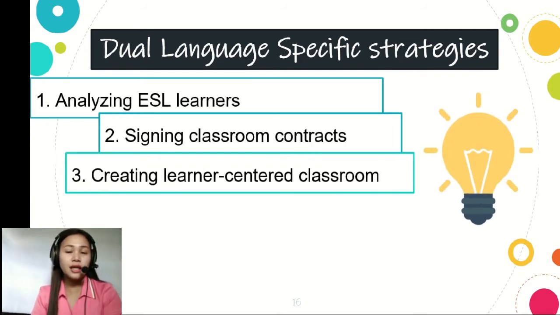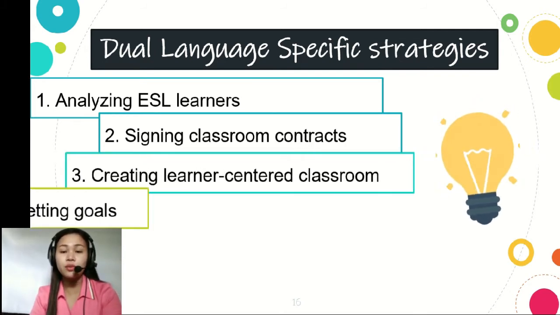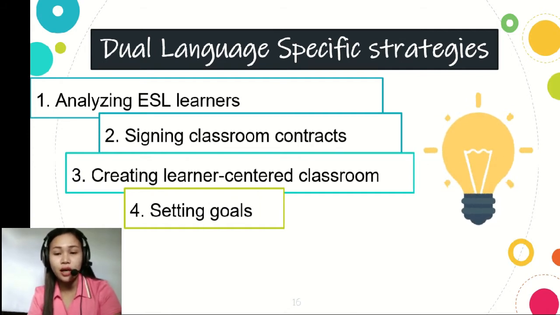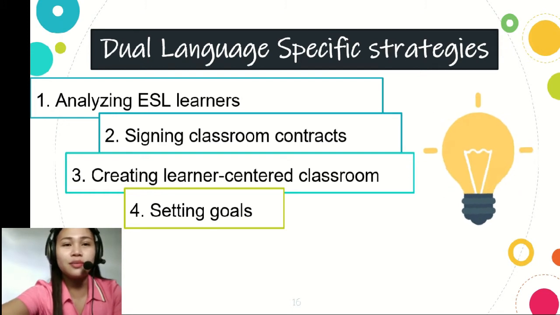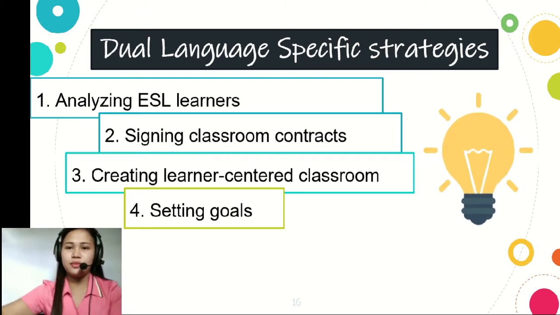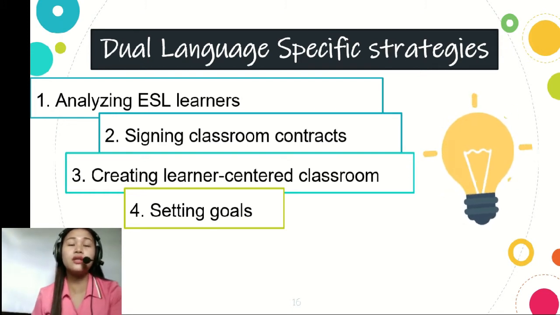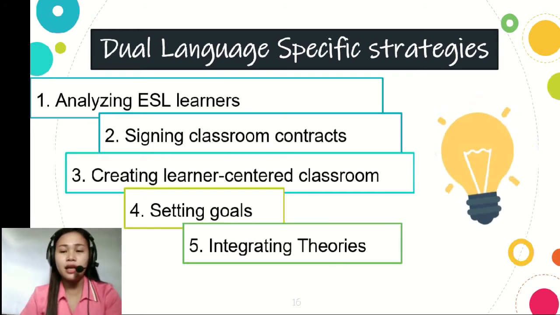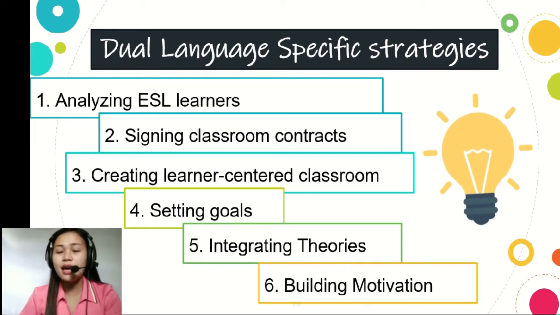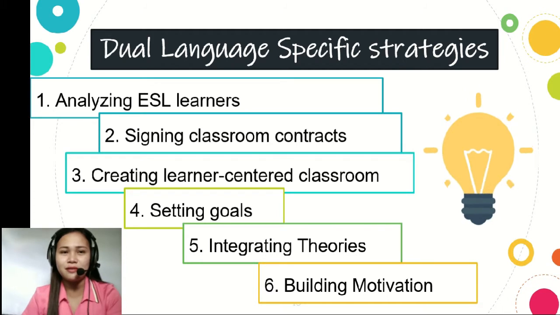Third is creating the learner-centered classroom to set the students' responsibilities in learning. Fourth, setting goals for the language learners to lead to increased motivation, integrating theories of second language acquisition with practice, and building second language learner motivation, including value, self-efficacy, and attributions.